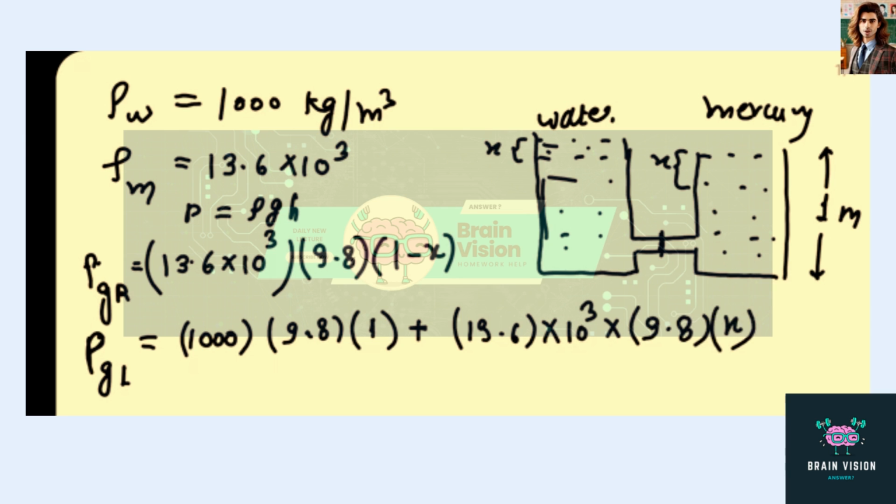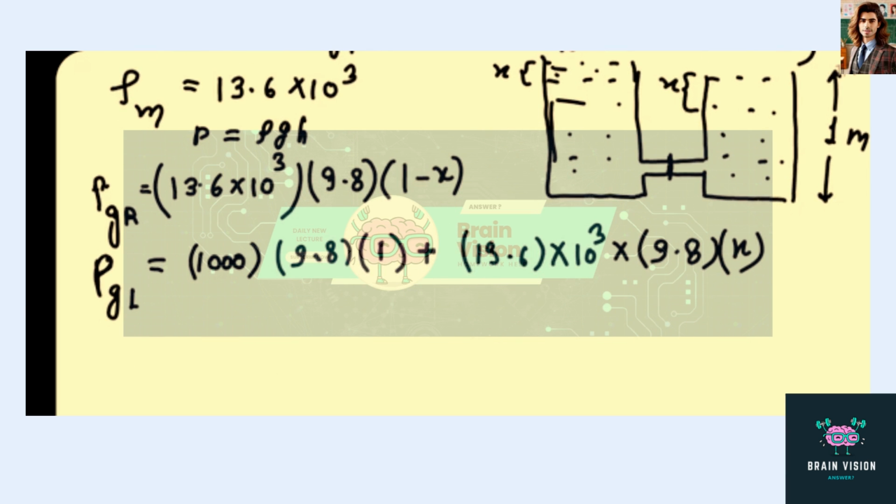Since there are two different fluids, their densities are different, so we have to consider the pressure due to the water level plus the pressure due to the mercury level.